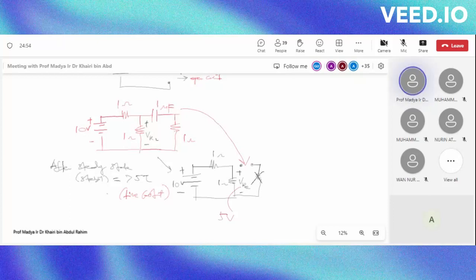So of course, the use of capacitor, I think you can read this.